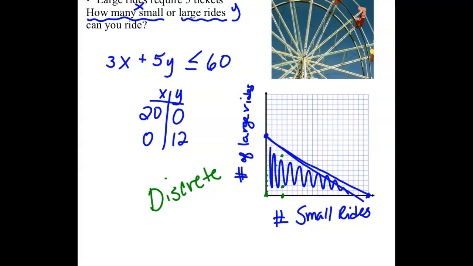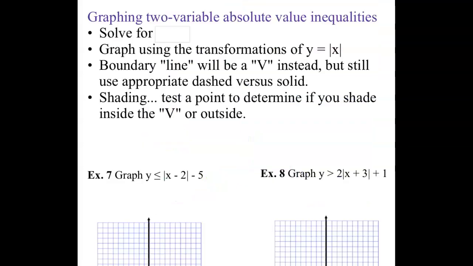Okay? All right. The last part that we're going to look at is the same thing, but instead of lines, with absolute value graphs. What shape are the absolute value graphs? When we go to graph those V-shaped absolute value graphs, it's easiest if it's solved for y.